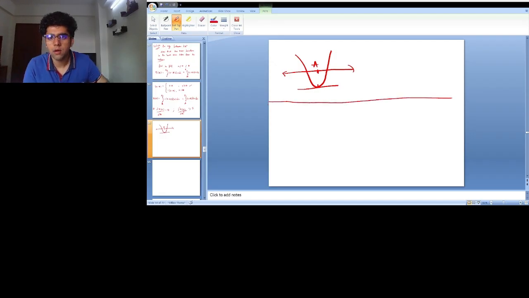This will prove that A is a local minima in the interval a and b.